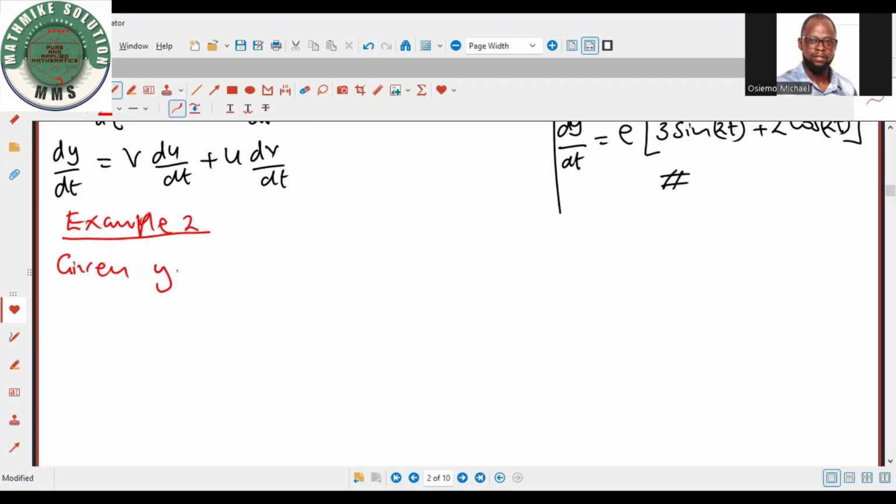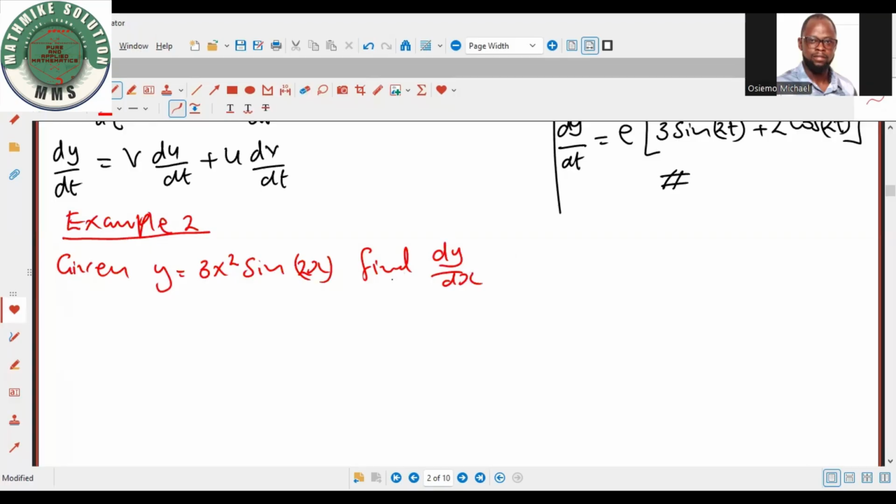y is equal to 3x squared sine 2x. So find dy dx.